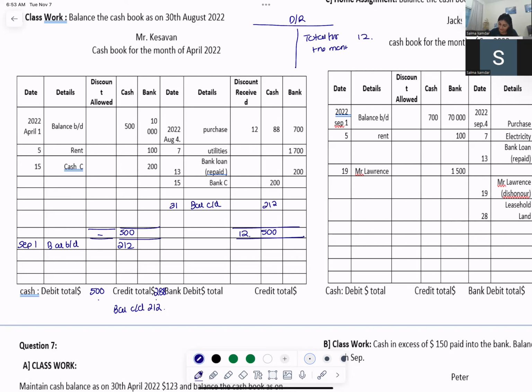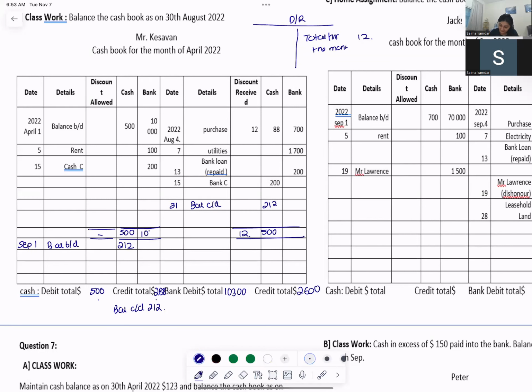The debit total is 10,300. And the credit total is 17 plus 2, 1,900 plus 700. So the credit total is 2,600. I can clearly see that the debit total is more.